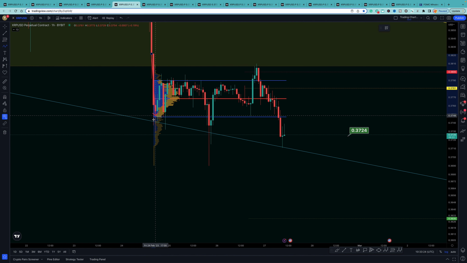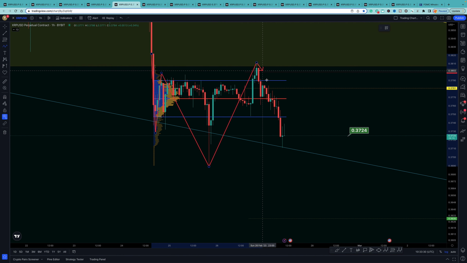You get the drop down, it comes up, sets a range, hits a lower low, there's a higher high, and at the moment we're coming down and we haven't hit a lower low yet. So if we start to hit that lower low, it's still part of the consolidation range.